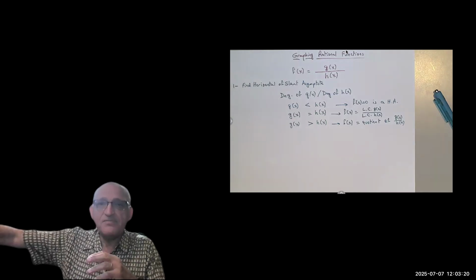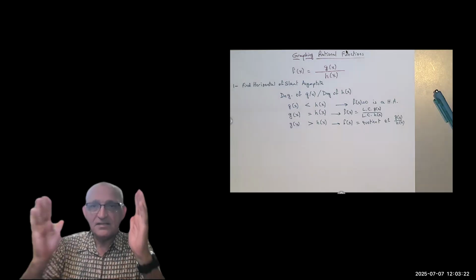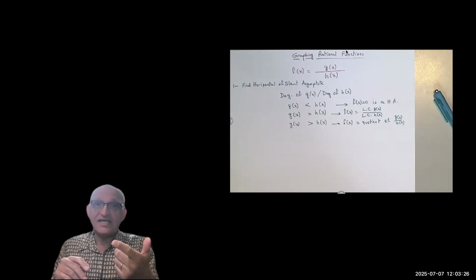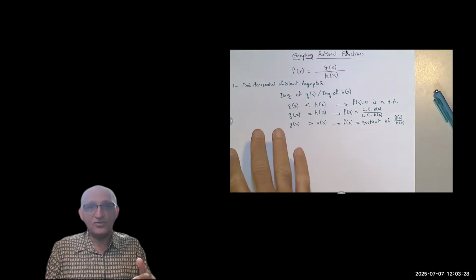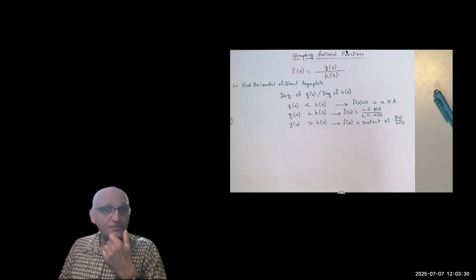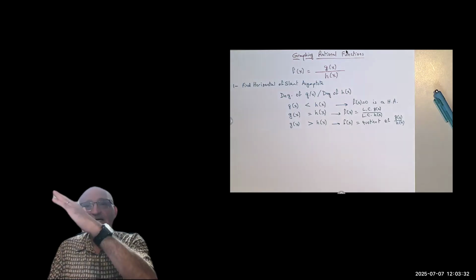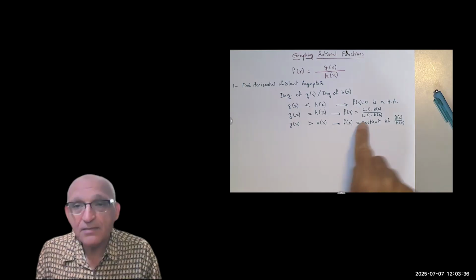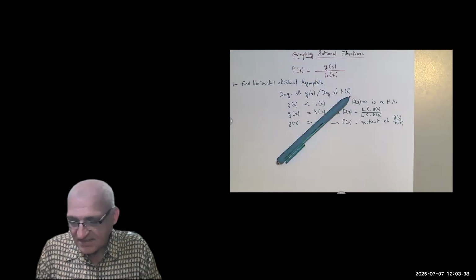I don't care about the remainder at the end, but I'm going to take the quotient, which, in all examples we are going to see in this course, would be linear. So it would be a straight line going up or down depending on the slope, but that becomes a slant asymptote. So that is a slant asymptote.